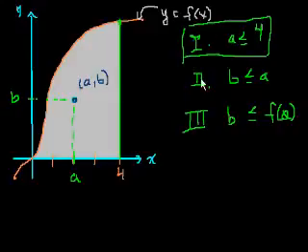Let's see. We don't know whether B is less than or equal to A. How can we come to that conclusion? If we had the point that was, let's say this point was our AB, then just eyeballing the graph, it looks like B in this situation would be larger than A, right?